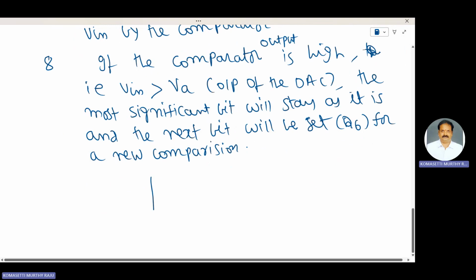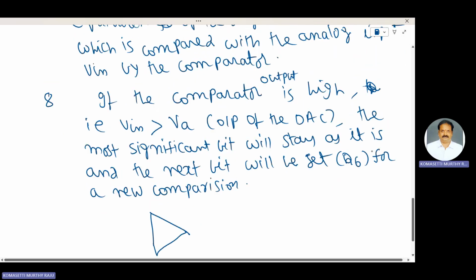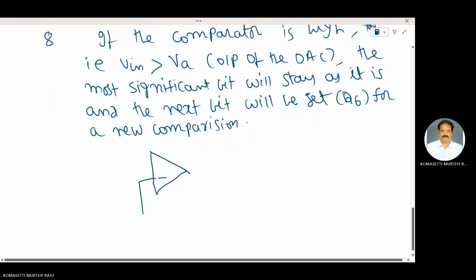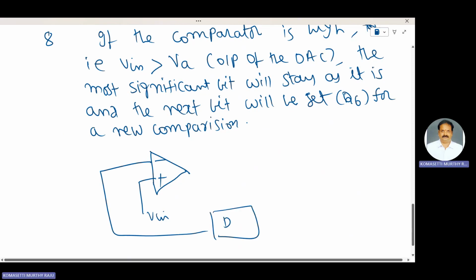This is the comparator. Vin is given to the non-inverting terminal, and the output of the digital to analog converter, VA, is given to the inverting terminal.